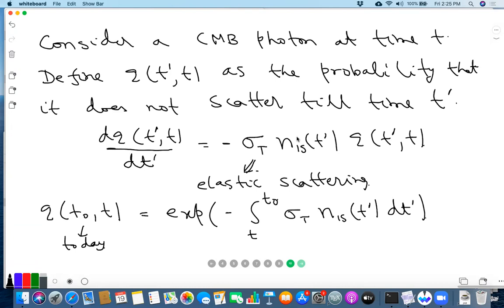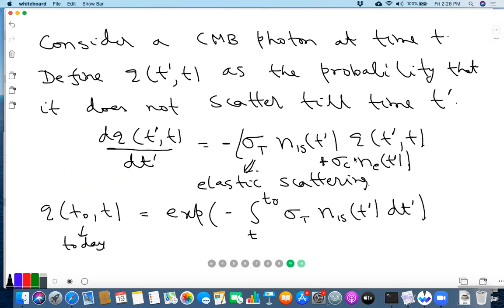So now there is only elastic scattering with the hydrogen atoms that are left over. Otherwise, the full expression would be this plus sigma c times n e of t'.